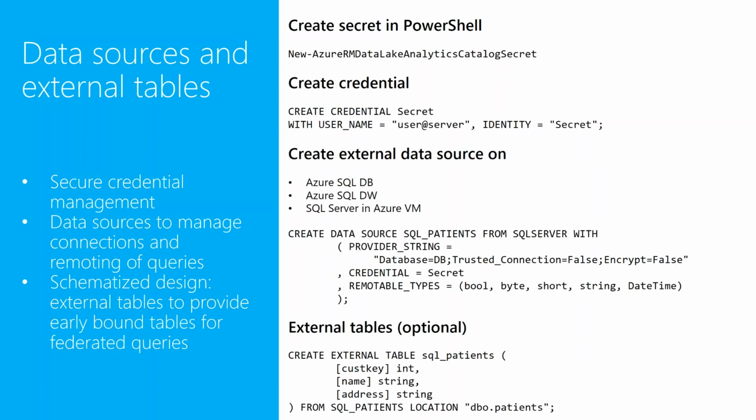Now, one additional comment I would like to make here is you will have to explicitly whitelist a range of internal IP addresses for your SQL database or SQL Data Warehouse or Azure VM, so that U-SQL can access your SQL Data Warehouse. So you have to make sure that these internal ranges are actually enabled.